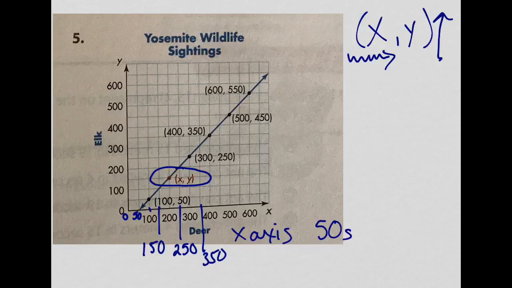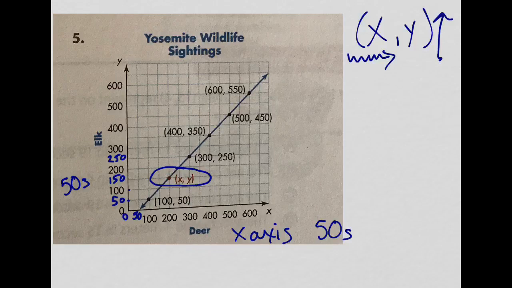Let's look at the y to see if it's the same. 0, there's a space here, and then it's 100. Okay, so between 0 and 100, that's going to be 50 again. 100, 150, 200, 250. Okay, so my y-axis is also counting by 50, so I have to remember that when I look at my point. All right, I'm going to erase this so we have some more space to work.